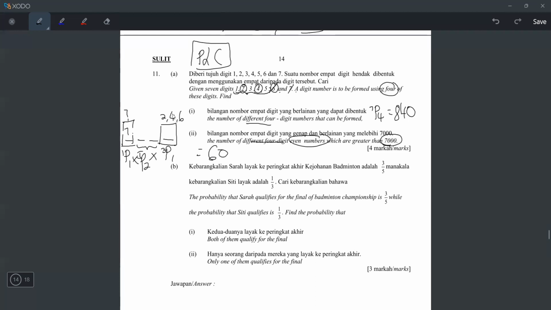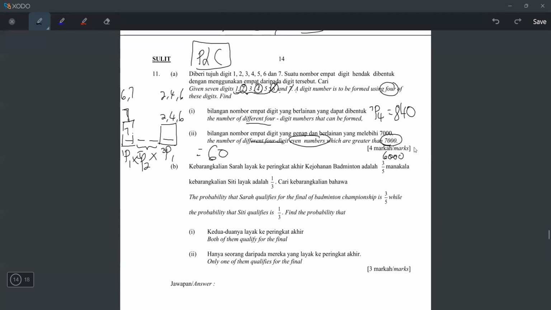I do want to say one thing. This 7, this is 2, 4, 6, right? But there's also the type of question where they have overlap. It means that, let's just say, for example, this slot can take 2, 4, 6, and this slot can take 6 and 7. Let's say this one they say greater than 6,000.